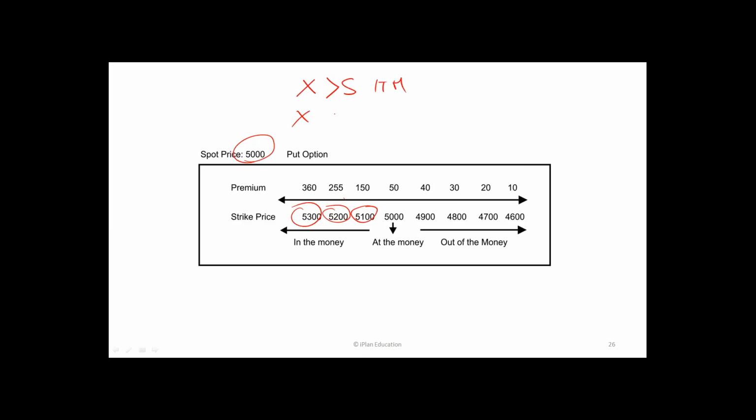If the strike price is less than the spot, it is out of the money. And the same, it is at the money for put also. You can write it like this also. If the spot is less than the strike or the spot is greater than the strike. Okay, OTM.